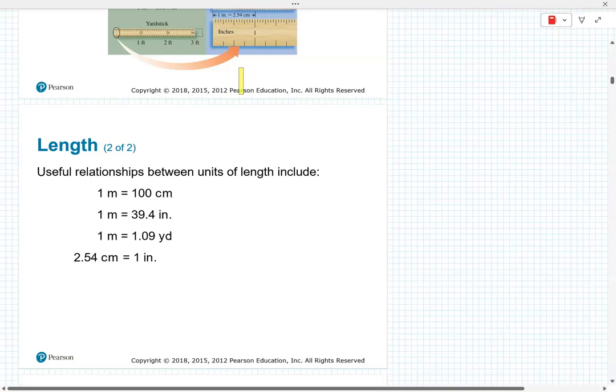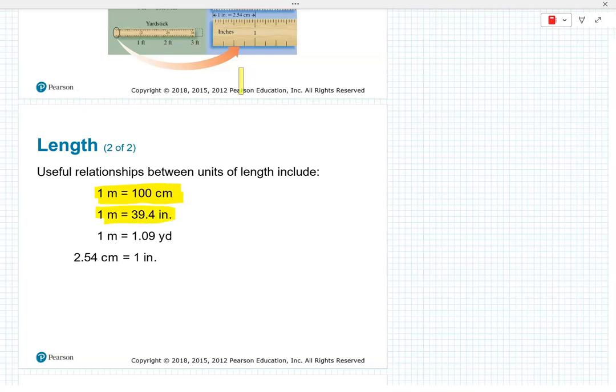So relationships. Well, we already mentioned that 1 meter is 100 centimeters. And these are relationships between inches and yards. Okay? How many of you are thinking now, holy crap, I will have to memorize all these relationships between imperial and metric units?